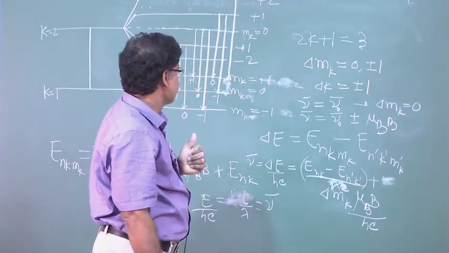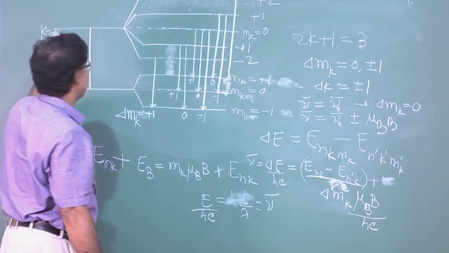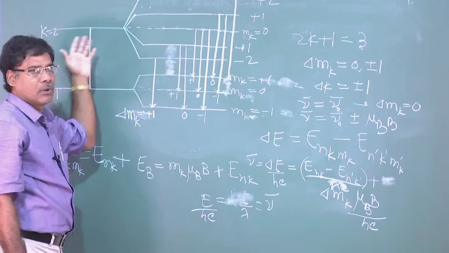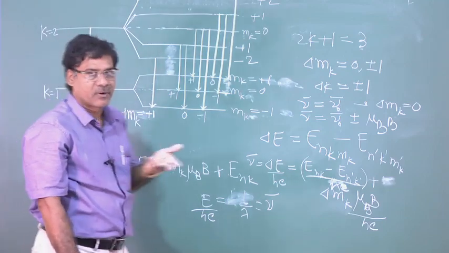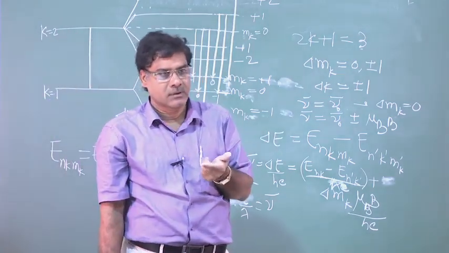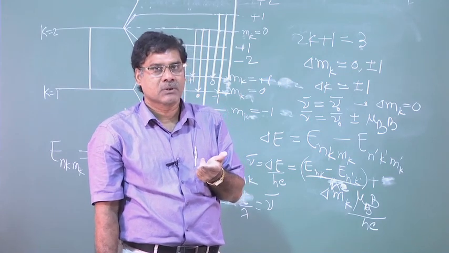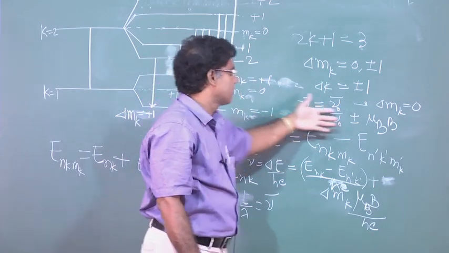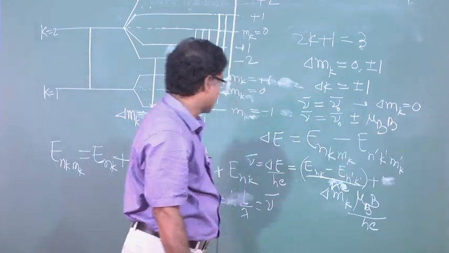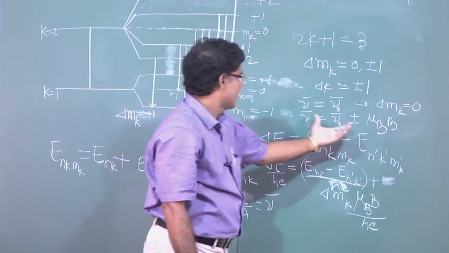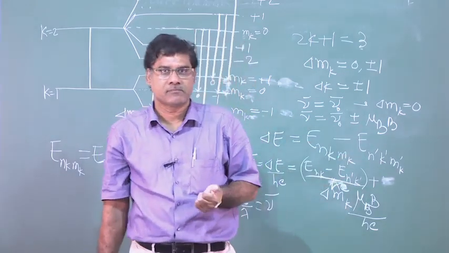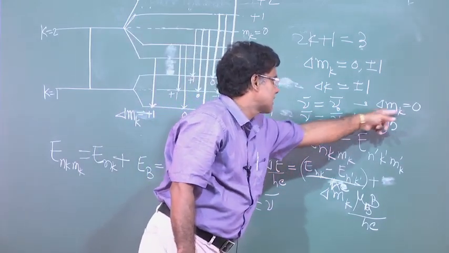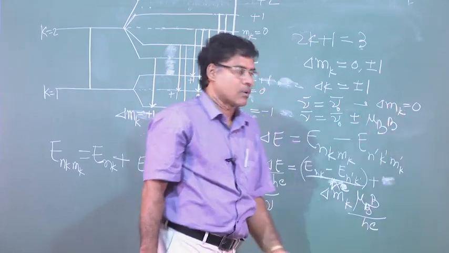So, you see here we have taken arbitrary k values, k equal to 1, k equal to 2, and this holds for any spectral line. From the expression you can see that it does not depend on n and k; only this transition rule is followed.